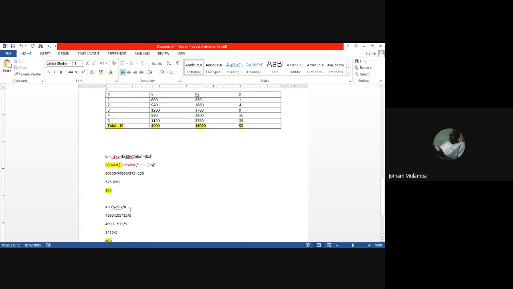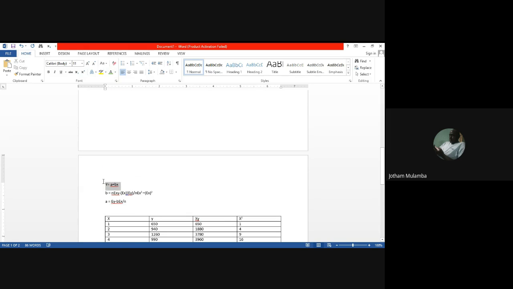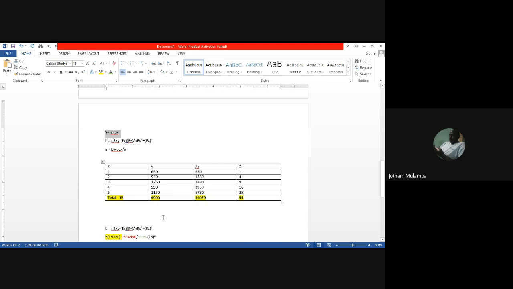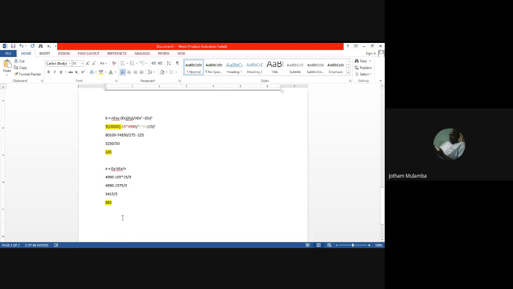Now we go back to our main formula. Y is equal to A plus BX. Let's substitute A. Somebody to remind us the value of A? 683.